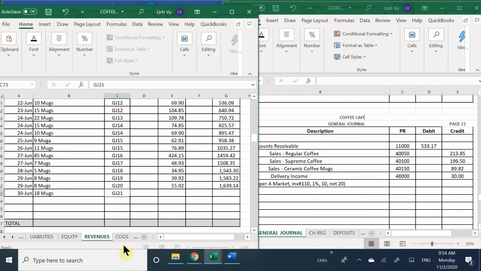And then the credit is $89.82. Okay. And if we started with 1639.14, 1728.96.